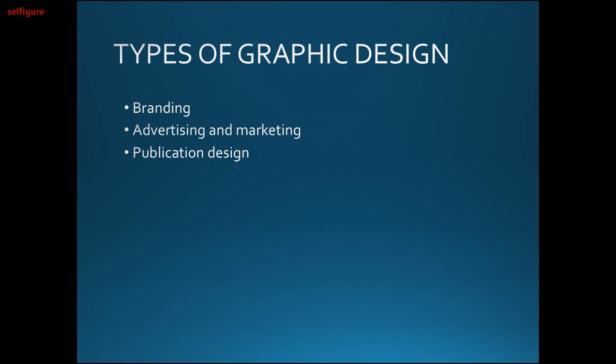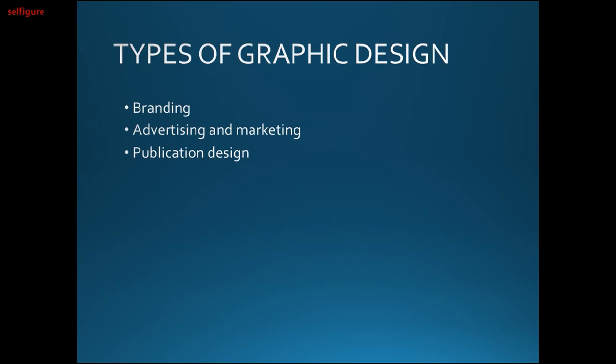When you talk about those elements that clearly show a brand, some brands can also use colors. For example, Airtel. They can choose to use colors. The next is advertising and marketing.